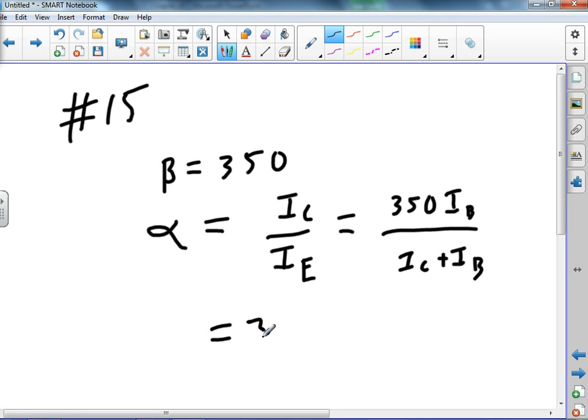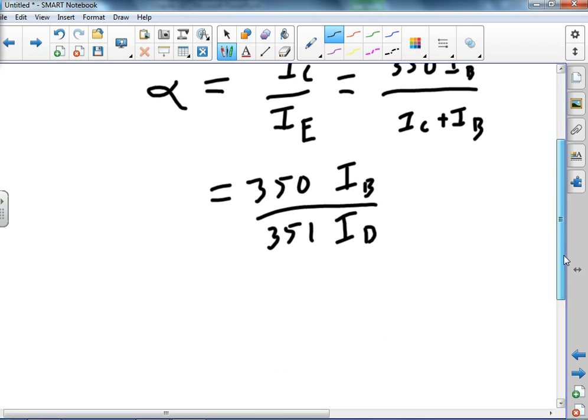So that's going to be 350 IB divided by 351 IB. The IBs go away. So 350 divided by 351 is 0.997.